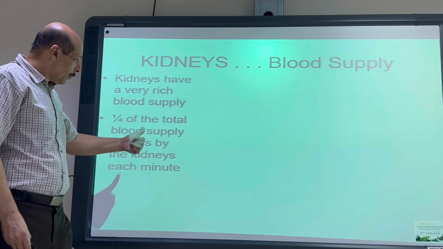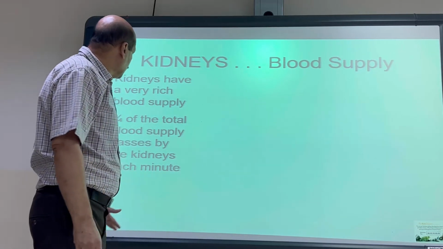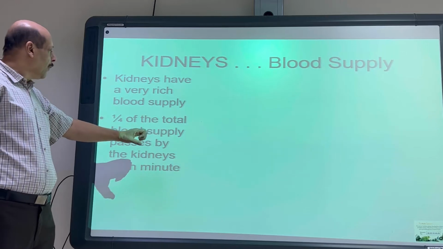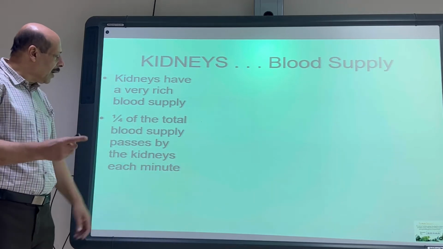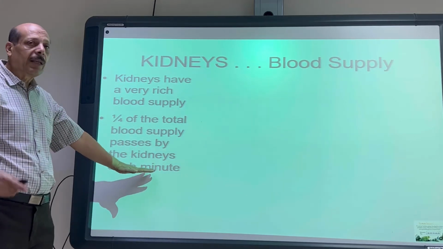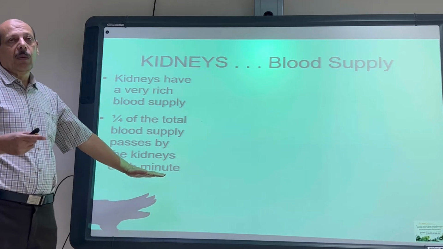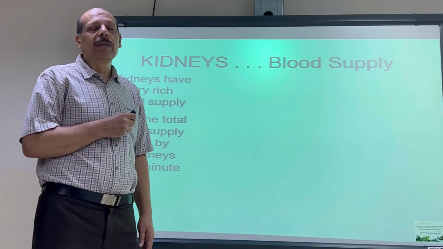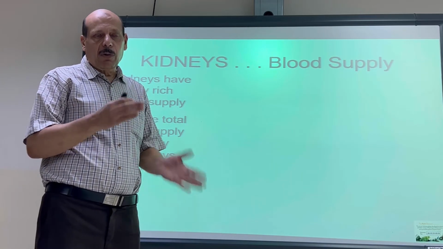About 1/4 of the total blood supply passes through the kidney each minute. We said how much blood do we have in our body? 5 to 6 liters.